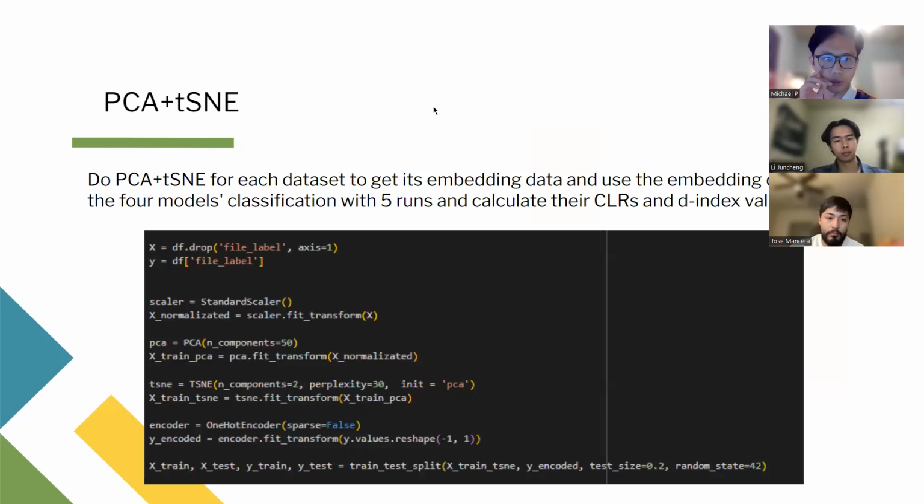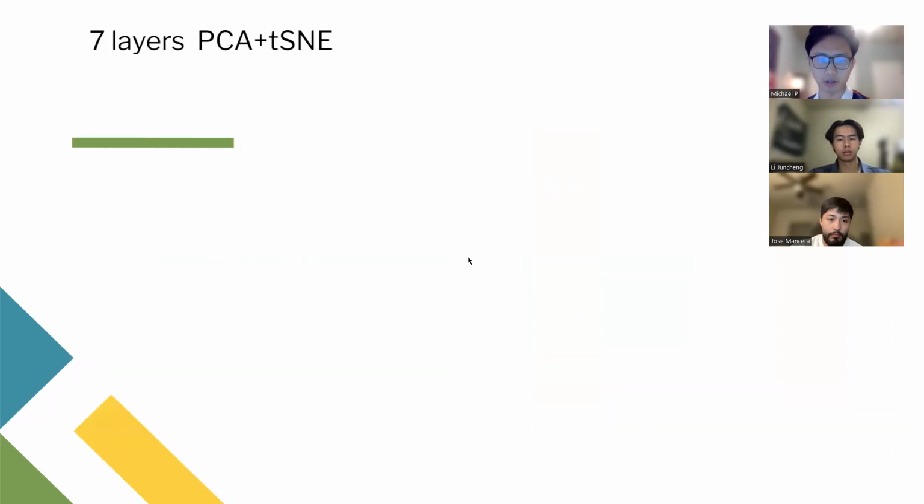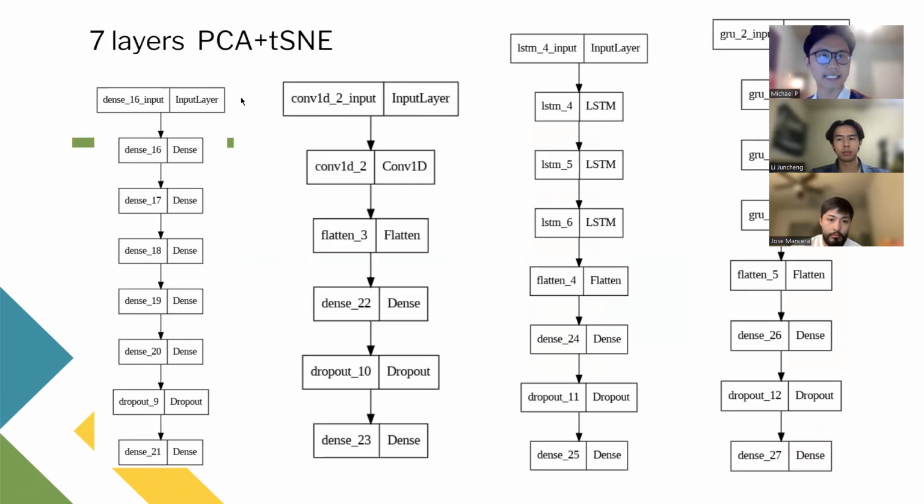And then what we're going to do, of course, is use PCA and TSNE as pre-processing. We're going to see what results we have here. As we can see, they did a pretty good job on our train and loss function in all the graphics here. Same as TSNE, same as the 7-layer. These are the layers that we chose.